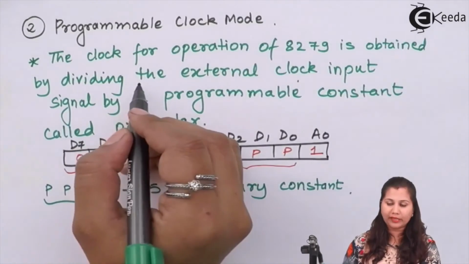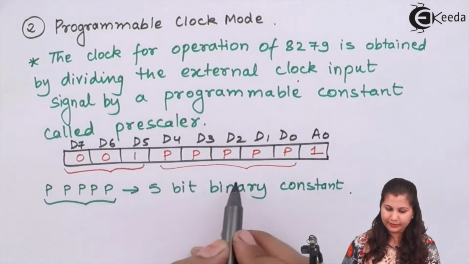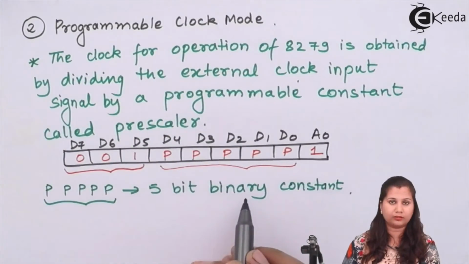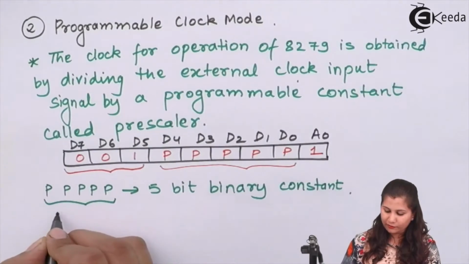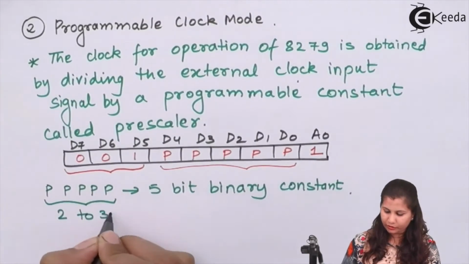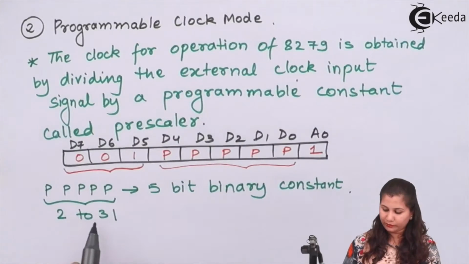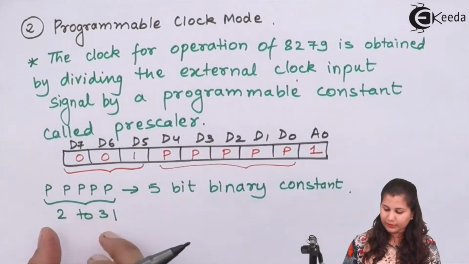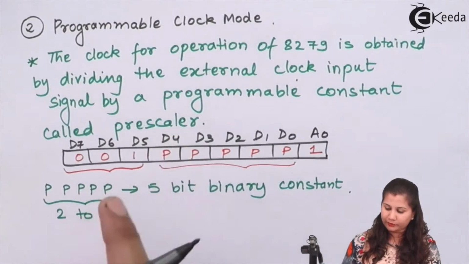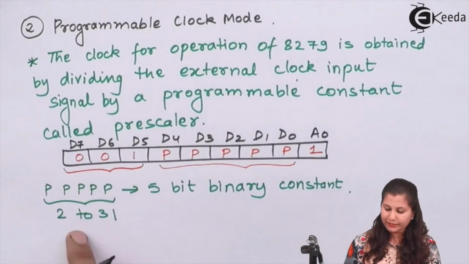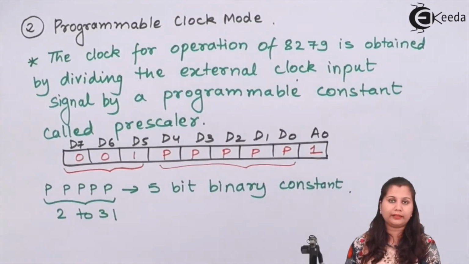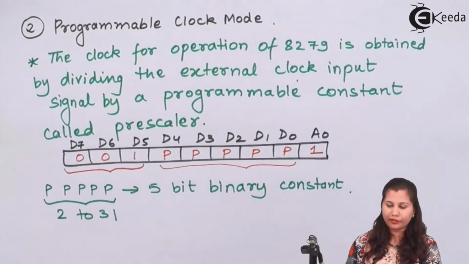Now the input frequency is divided by this decimal constant, which ranges from 2 to 31. So the value of these 5 bits can be 2 to 31, and the input frequency is divided by this value so as to obtain the input frequency.